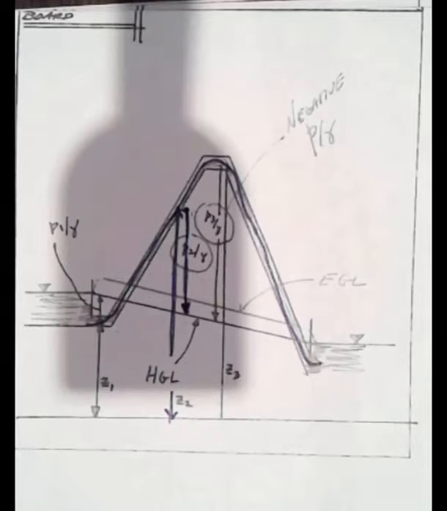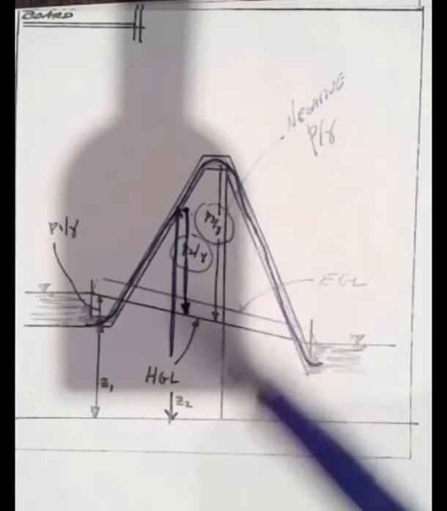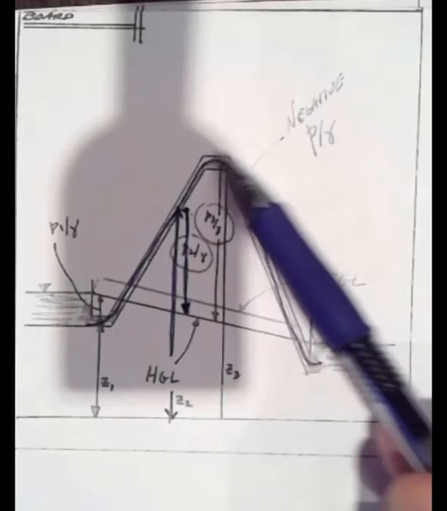The importance of negative pressures depends on the working fluid. For water, it's about negative 10 meters is the most that it can handle. At that point, it becomes close to the vapor pressure and we get a phase change, making vapor bubbles. In this picture, it would probably break the siphon.